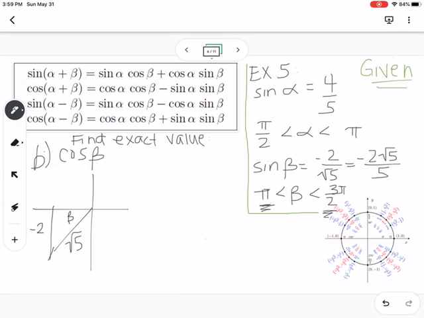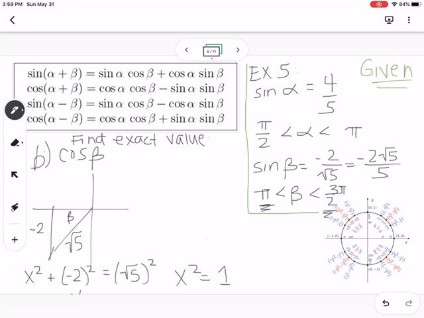So we have to find that missing side, and I'll use the Pythagorean theorem just so you can see. So we're going to get x squared plus negative 2 squared equals radical 5 squared. We know radical 5 squared is 5, negative 2 squared is 4, so 5 minus 4. So we get x squared equals 1.